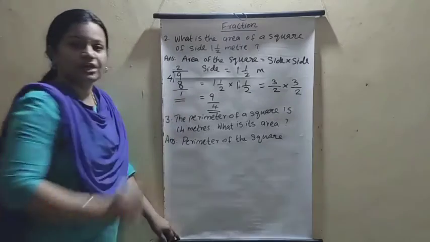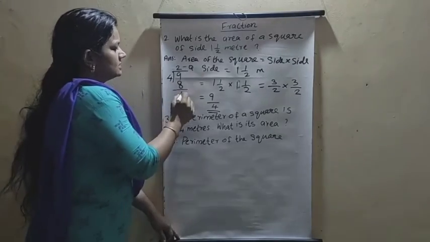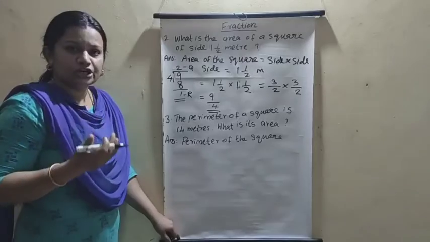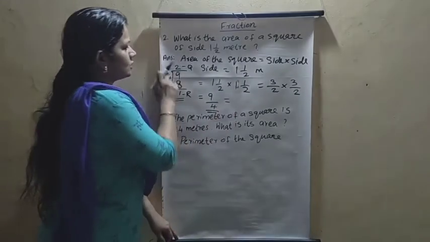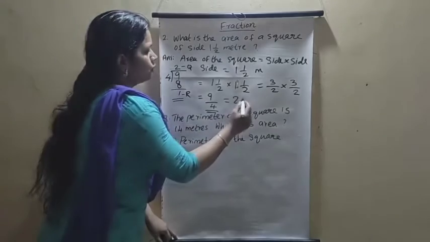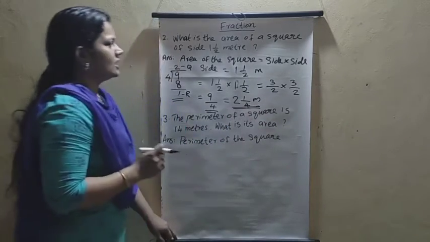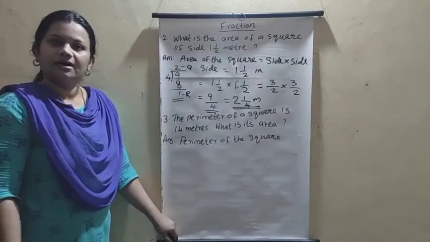Then 1 is the remainder. Understood? So this is the quotient and this is the remainder. Then how to write the mixed fraction? Quotient, remainder by the same denominator. So 2 1 by 4 meter. The area of this square is 2 1 by 4 meter.